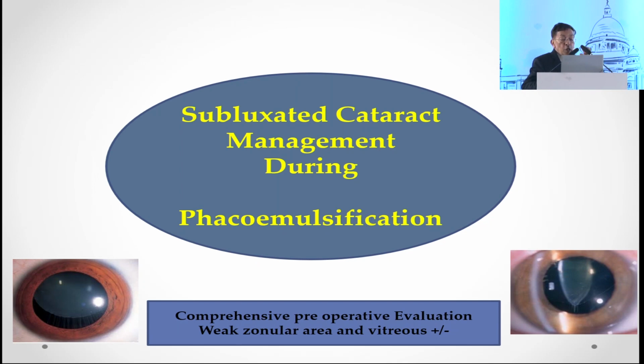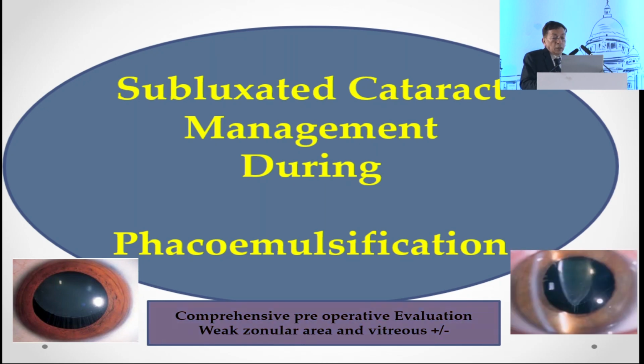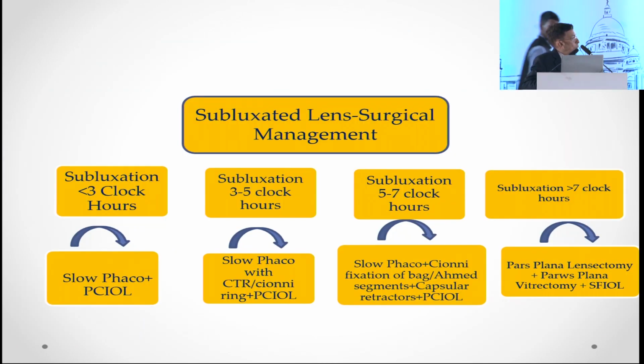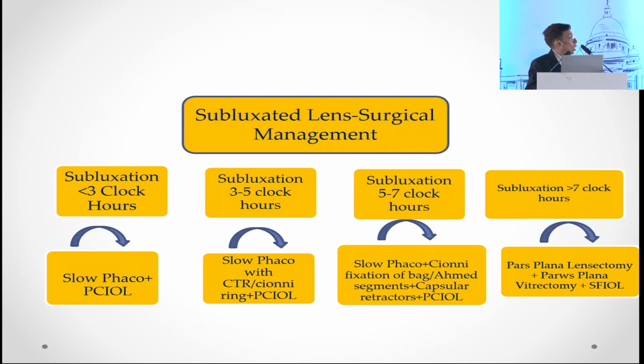Comprehensive preoperative evaluation is needed, assessing the area of weak zonular support and whether the vitreous is in the anterior chamber or not. So you can plan accordingly, whether the zonular dialysis is at 3 o'clock, 5 o'clock, 5 to 7 o'clock, or more than that.